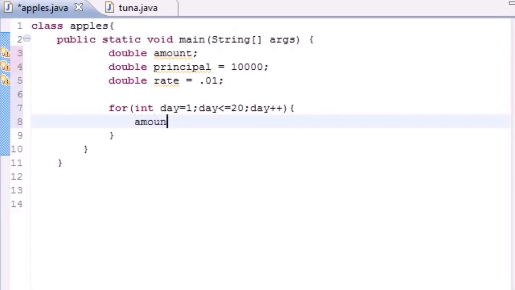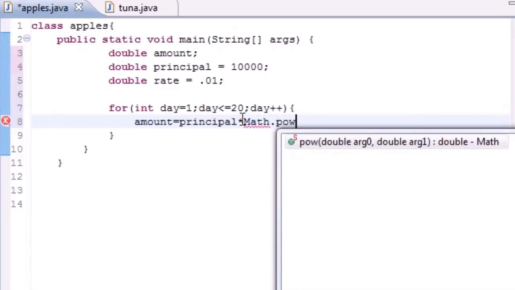Now let's get to the good stuff. We want to solve for amount, so that's what we're going to be setting it equal to, since we don't know what it is yet, but we do know the formula for it. It's principal, and make sure you type these right, principal times something to the power, and this calls for an outside method, Math.pow. You can see right here that it takes two arguments. The first argument is what's in the parentheses, and the second argument is the exponent.